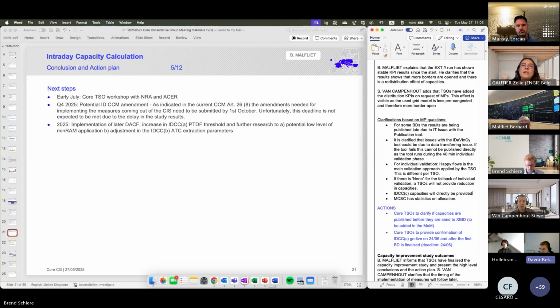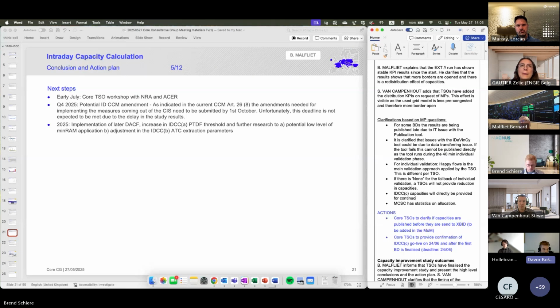Okay. Partly my question also involves those loop flows that have been just touched at page 28 of this material. And somehow they also influence the availability of intraday capacities for continuous trading. When some event happens that needs to balance the system or portfolio, usually at the same time we have a reduction of the available intraday capacity for continuous trading.